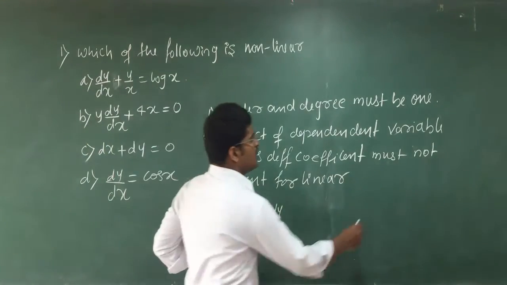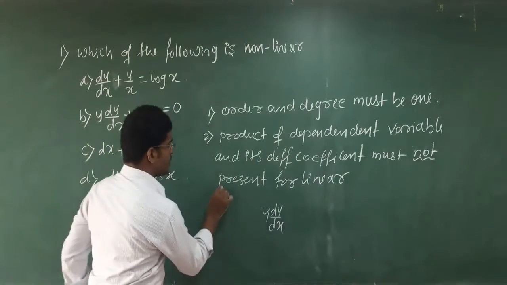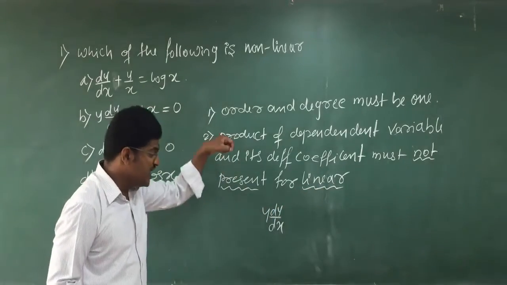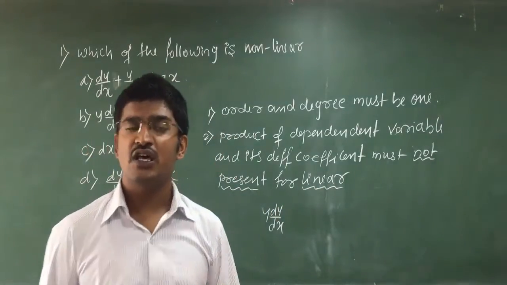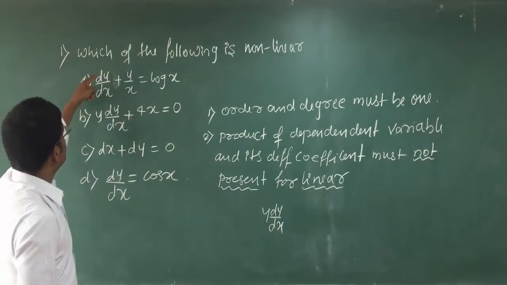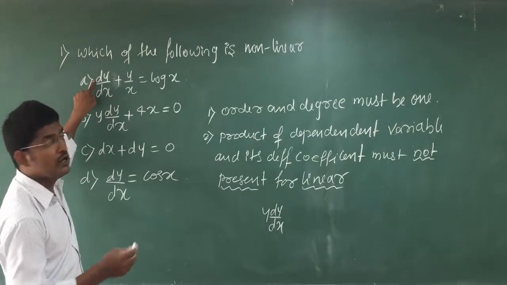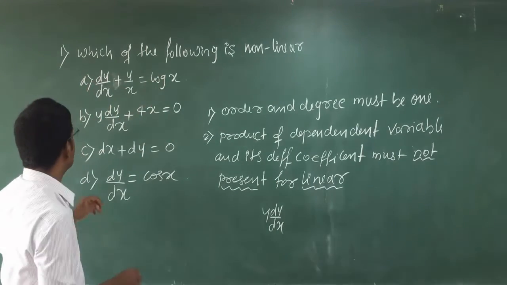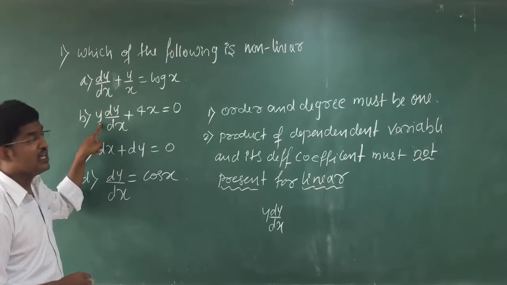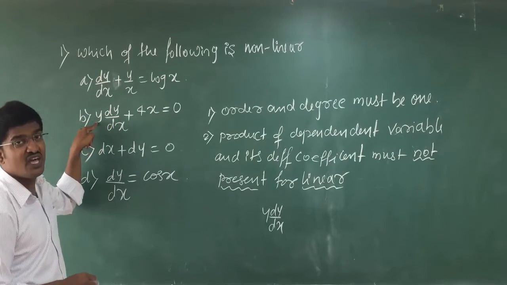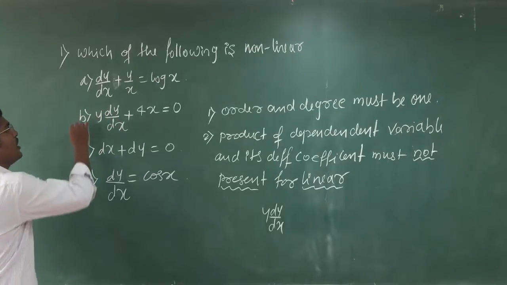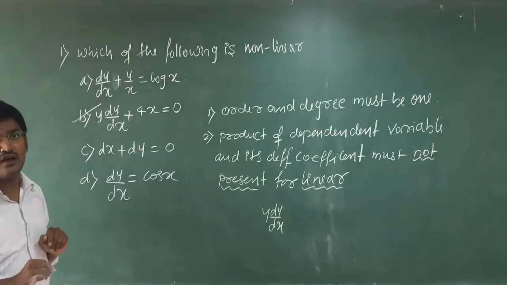If this is not present, it is called linear. Let us check that. See, dy by dx, no coefficient, no problem, so it is linear. Okay, see here, dy by dx into y. Here the product of the dependent variable and its differential coefficient is present. Therefore, it is non-linear. Clear?